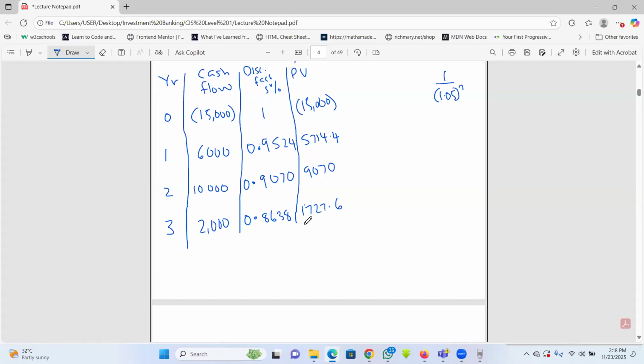Okay, so we have our present values. Now, what is our NPV? The sum of the discounted cash outflow and the discounted cash inflows.